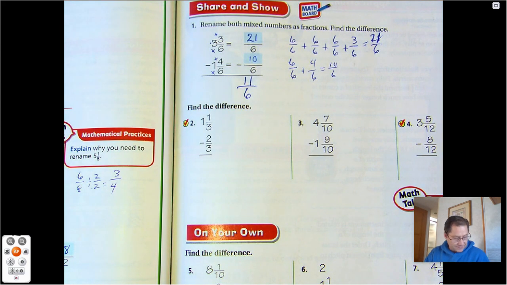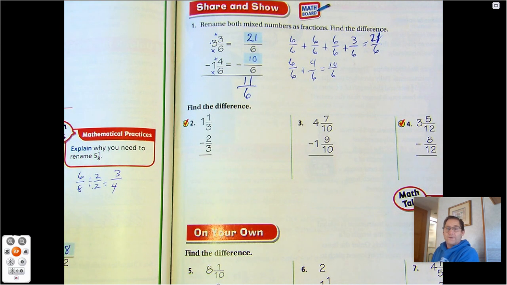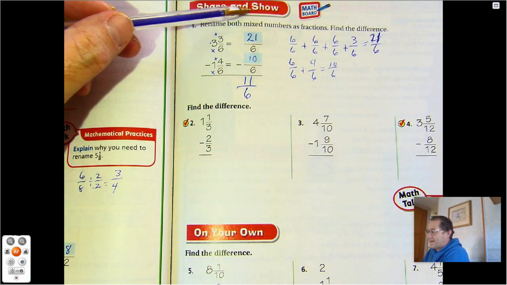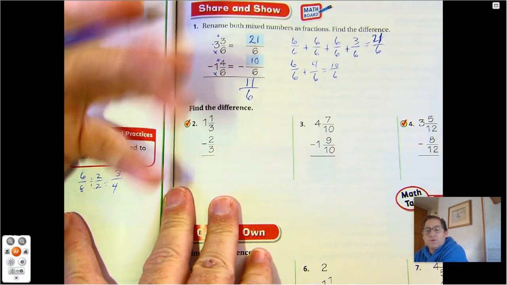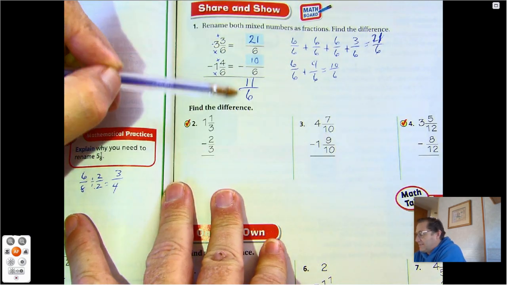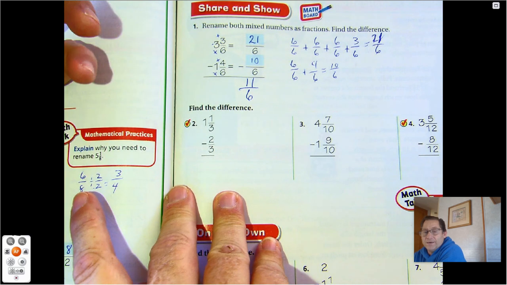Okay? And so it doesn't say to rename it as a mixed number. But typically we will do that. Typically we don't leave this in the form of a fraction greater than 1.